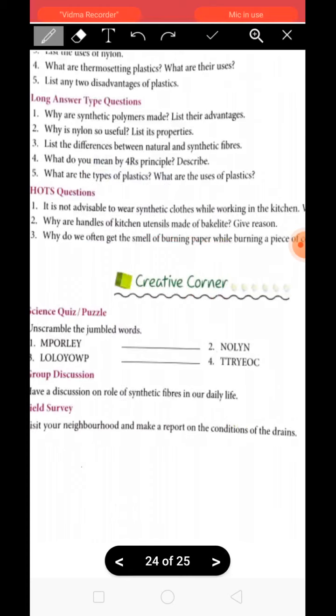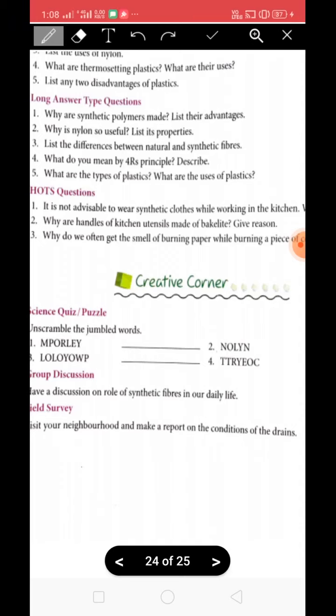Now next question of E section. E1. Why are synthetic polymers made? List their advantage. Okay, synthetic fibers or synthetic polymers are made to overcome the need of the people. Okay, the population of our country is too large to fulfill their need just by natural fiber.